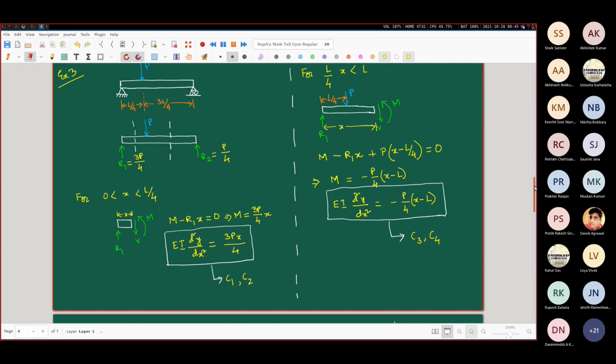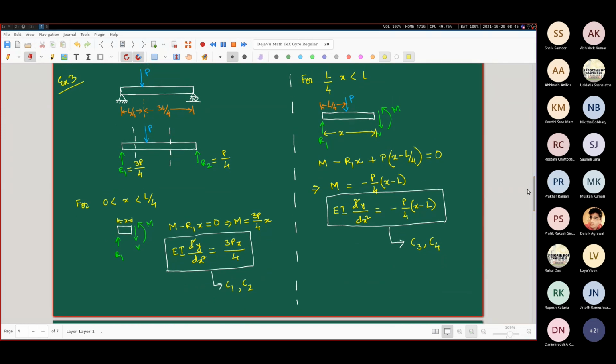So to go back to the original question which was asked, we can solve this equation or any other equation using the fourth order equation, definitely, but we have to be a little bit careful about how we represent the loading on the right hand side. Does that answer the question which was initially asked?